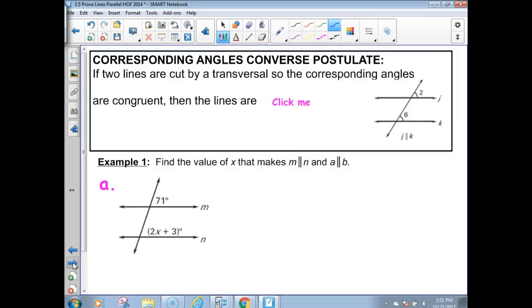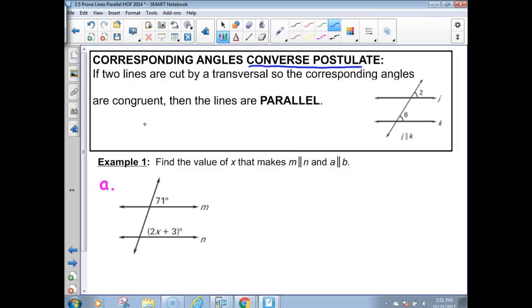All right, so let's do what we're actually doing today, and that would be the corresponding angles converse postulate. Now, I'm not going to have you write that. I'm going to have you write something different, and I'll make a short version for you. The first thing we want to realize is that if two lines are cut by a transversal so that the corresponding angles are congruent, then the lines are parallel. So parallel comes last today instead of first, like when we did 3.2.